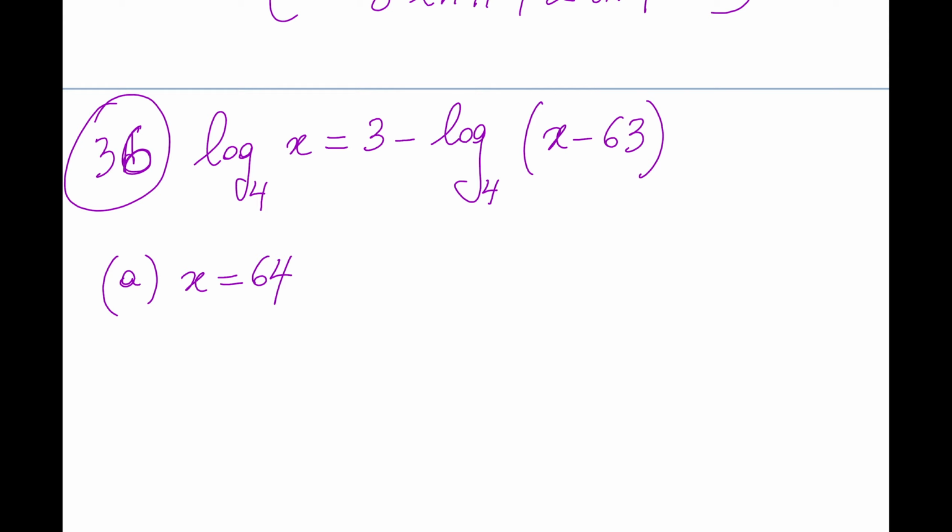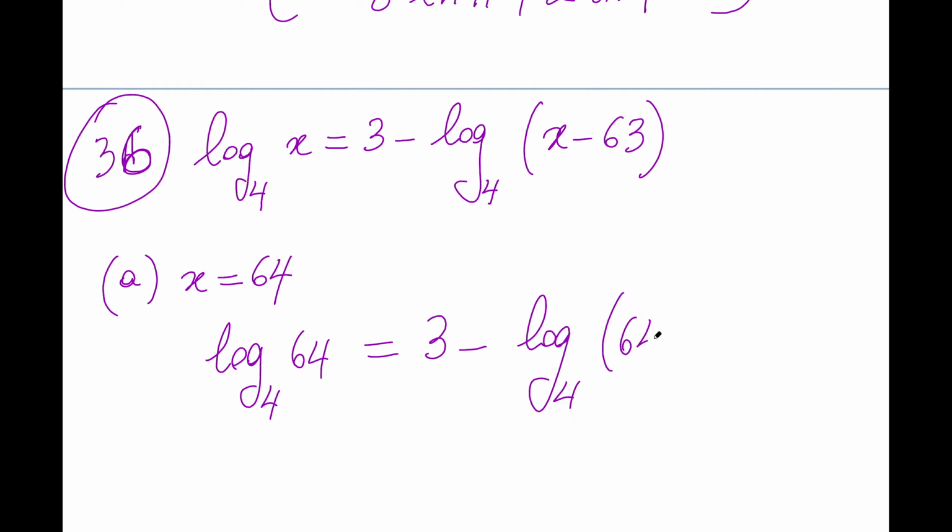Replacing x by 64 amounts to writing log base 4 of 64 equals 3 minus log base 4 of 64 minus 63, right? They asked if x equals 64 is a solution for this equation, which means replace x by 64 and see if you get a true statement.